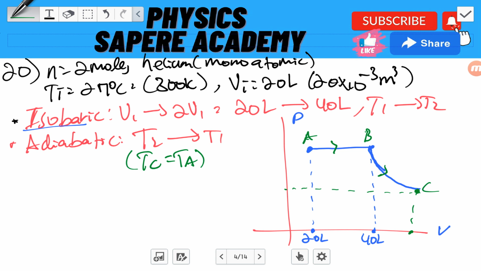Now what is the first question? What is going to be the total heat, Q total? We can find Q total. How do we find Q total?